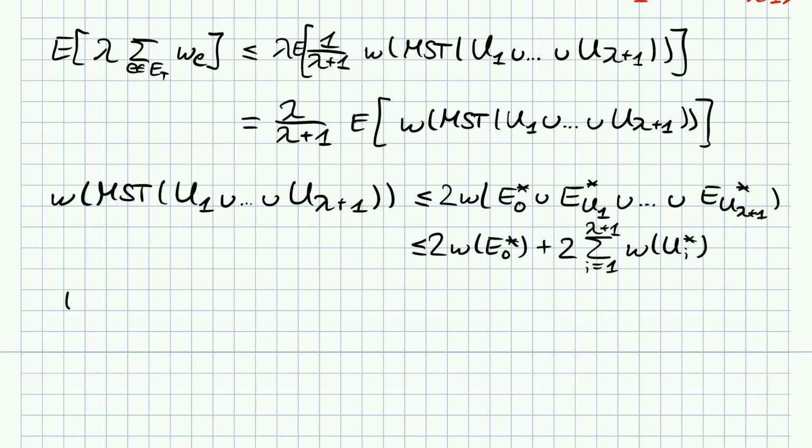And of course, here this should be E star subscript Ui, and those we can again bound. Well, we can see that those are exactly the expected second stage costs.